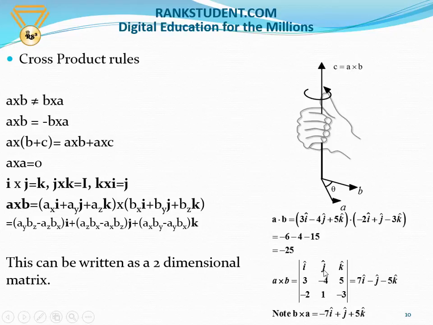Similarly, to calculate the component along the J-axis, you cross out the column and the row containing J. You start with 5 times minus 2, minus 3 times minus 3, plus K times, crossing out the row and the column, 3 times 1 minus minus 4 times minus 2.